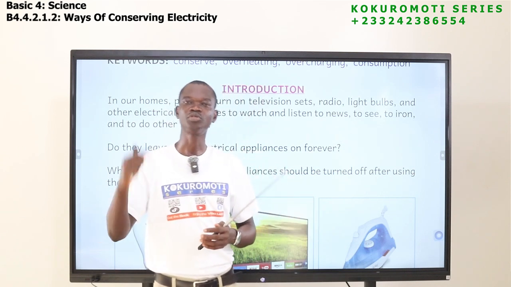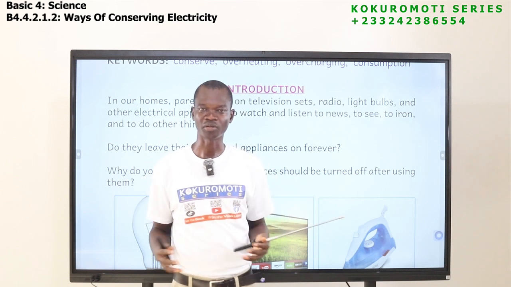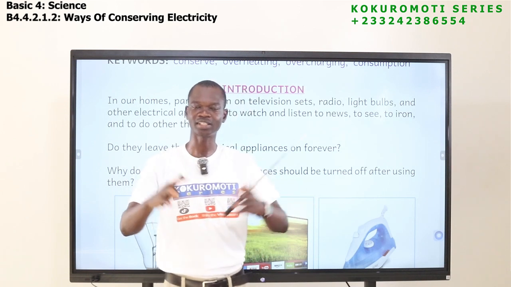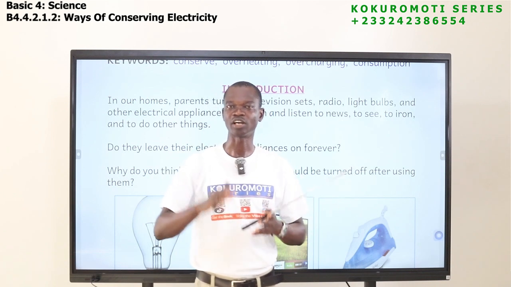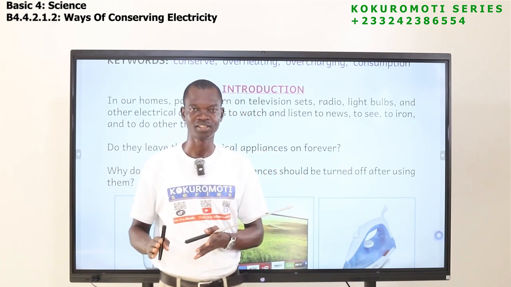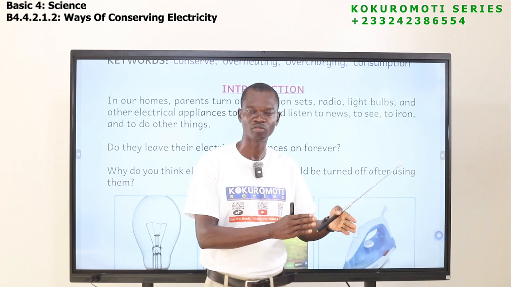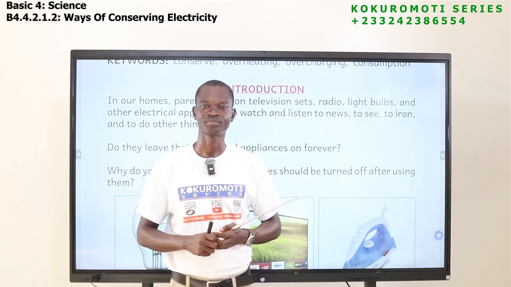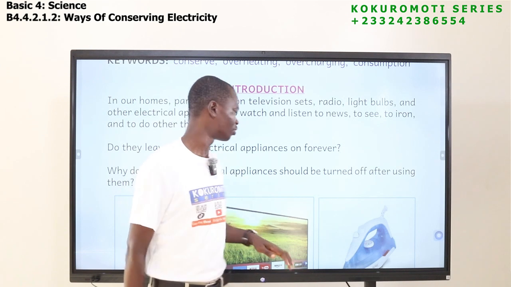And if you use it anyhow, you pay more. So today we are looking at how we can use the appliances we have in the house wisely so that we will not pay more for the electricity or the energy that we get from electricity. Okay, so let's move on.